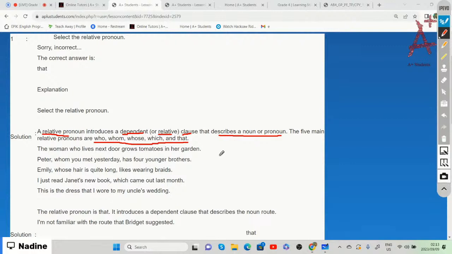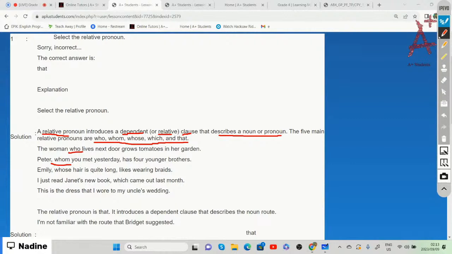So we said the woman who, you look at that word who, lives next door. That woman who is very busy, who lives next door, grows tomatoes in her garden. And then we have Peter, whom you met yesterday, has four younger brothers.